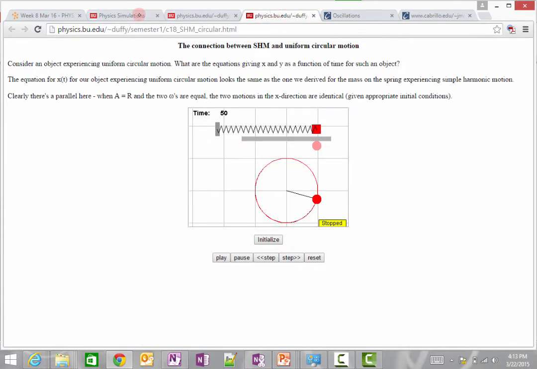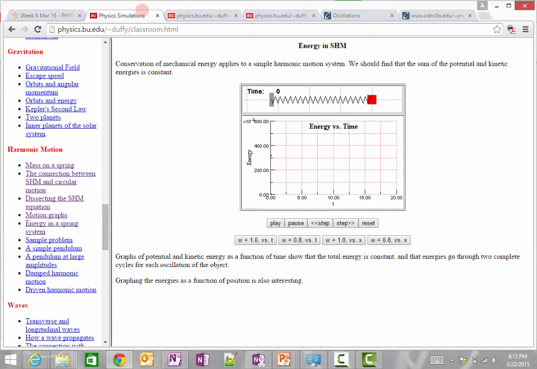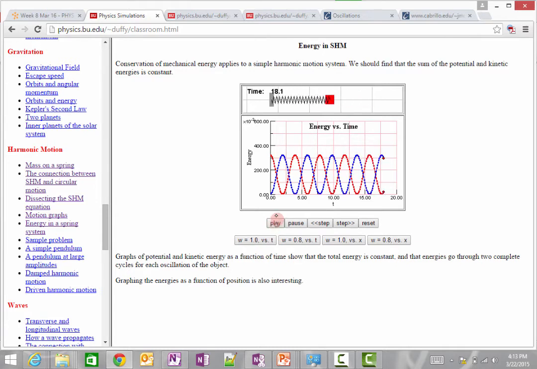So now we can look at the energy versus time graph for the oscillator. You can see that at all times the blue line is the potential energy, the red line is the kinetic energy, and at all times it never goes above this value here.